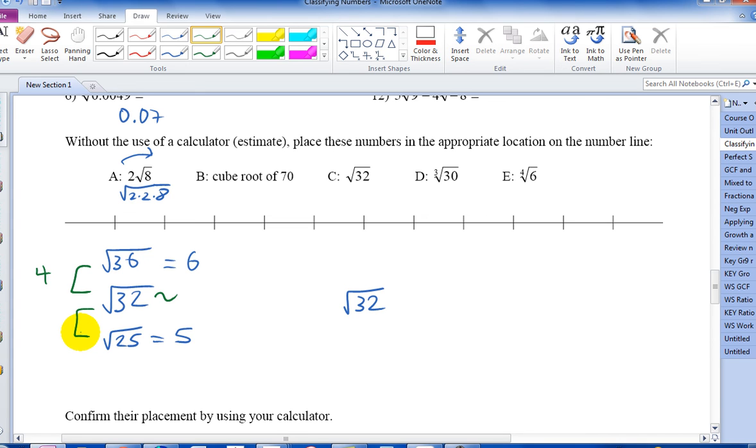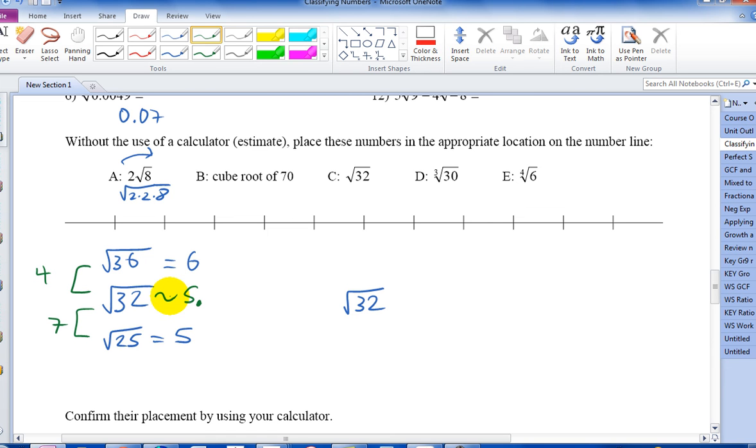What's the difference between those two? 7. So yeah, we're a lot closer to the 6. We're only 4 away from it. If we were in the middle, we'd say 5.5, but that's not right. We're closer to the 6. So what would you guess? 5.7?